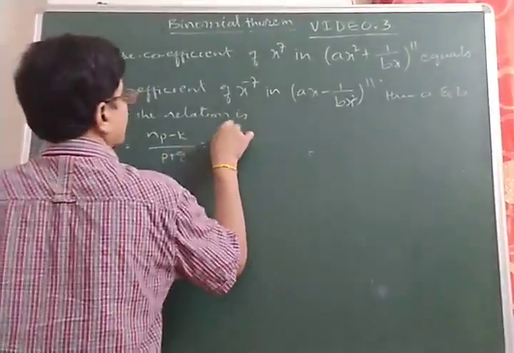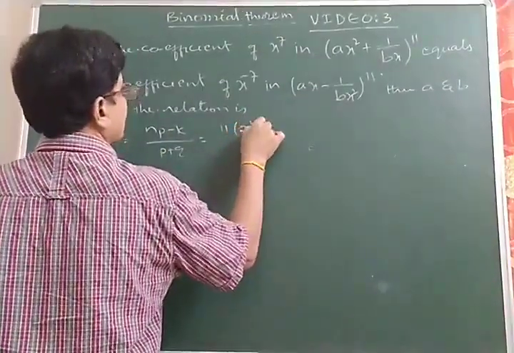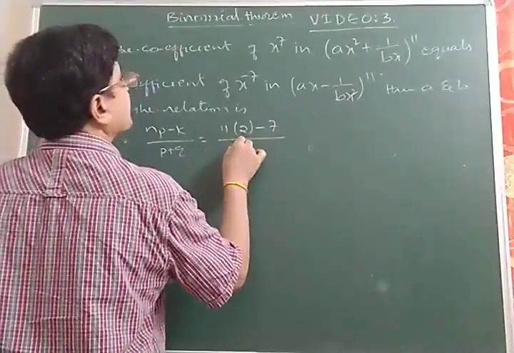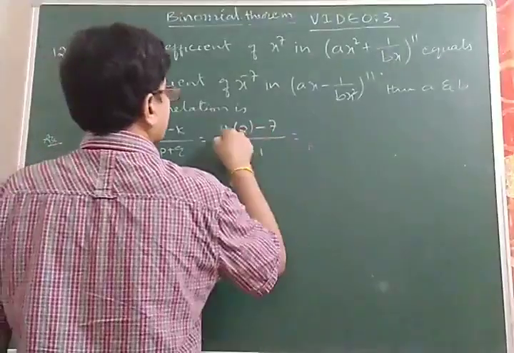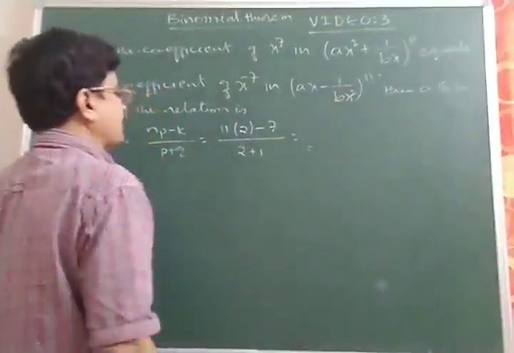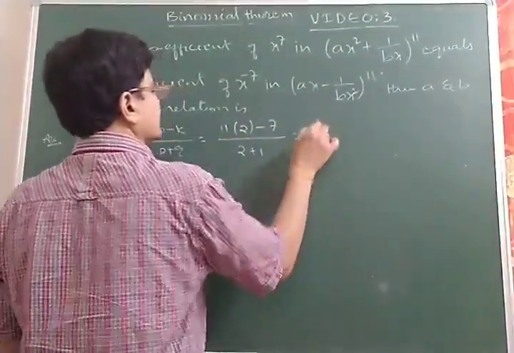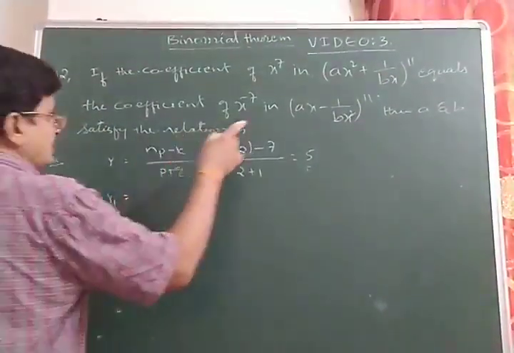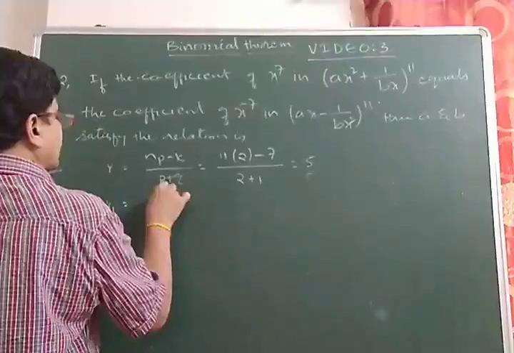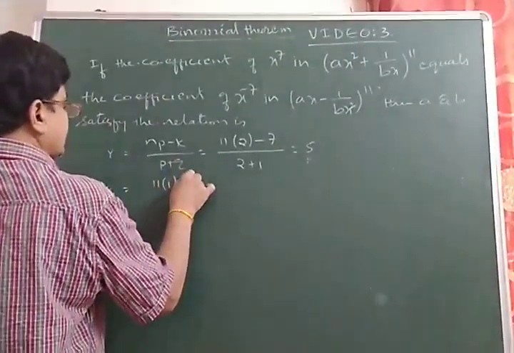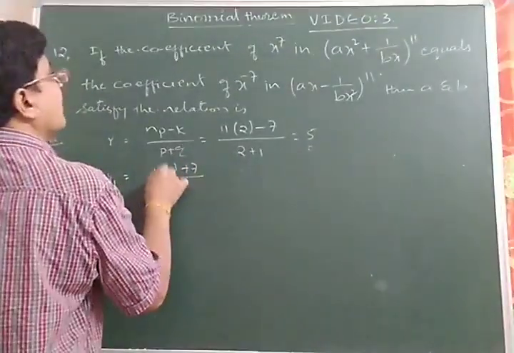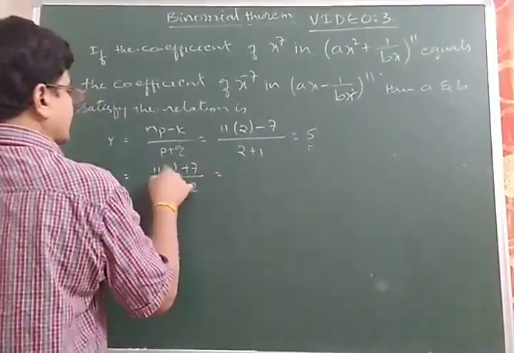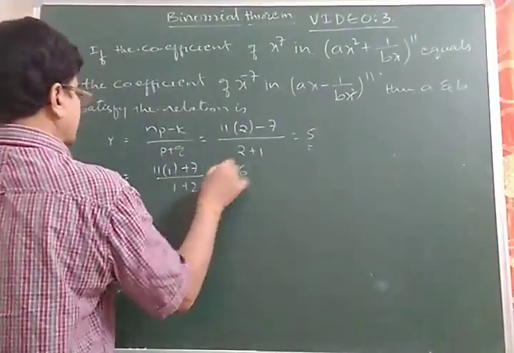Where n is equal to 11, p is equal to 2, k is 7, p plus q is 2 plus 1. That is equal to (22 − 7)/3, 15 by 3 is 5. And for the second one, n is 11, p is 1, k is −7, (11 + 7)/(1 + 2). That is equal to 18 by 3, which is 6.